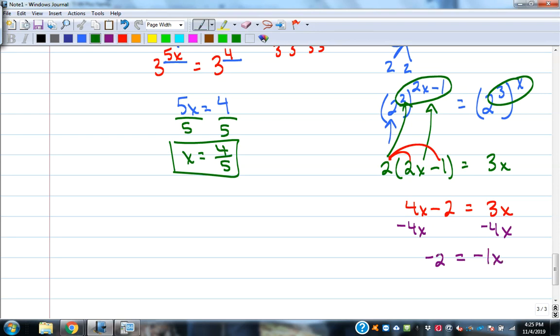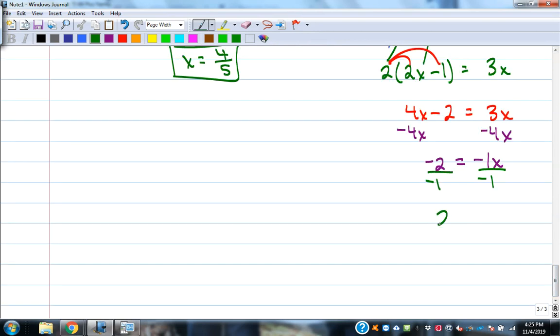And this works out real nice because negative 1 goes into negative 2 2 whole times. x is 2. So if the base isn't prime, then you need to look at trying to get it to be prime so that you can know what to do with the other side.